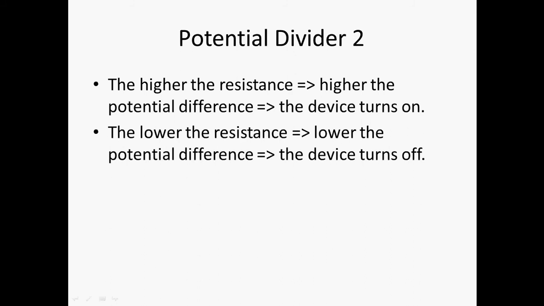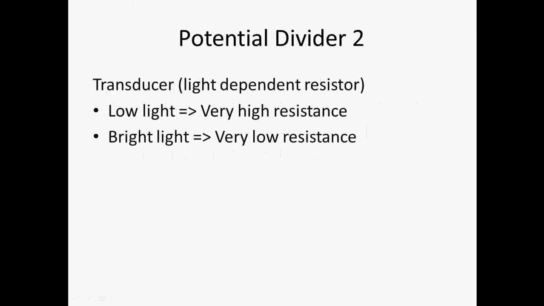So how can we find a resistor that can actually change between a high and a low resistance? I'm going to introduce to you the idea of transducers, but we are not going to explain transducers in this lesson. I'm just going to explain a bit on the property of this particular transducer, which is a light dependent resistor.